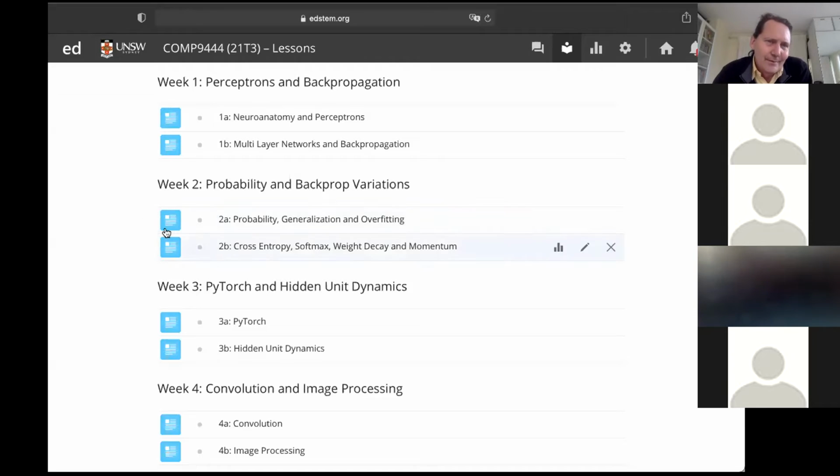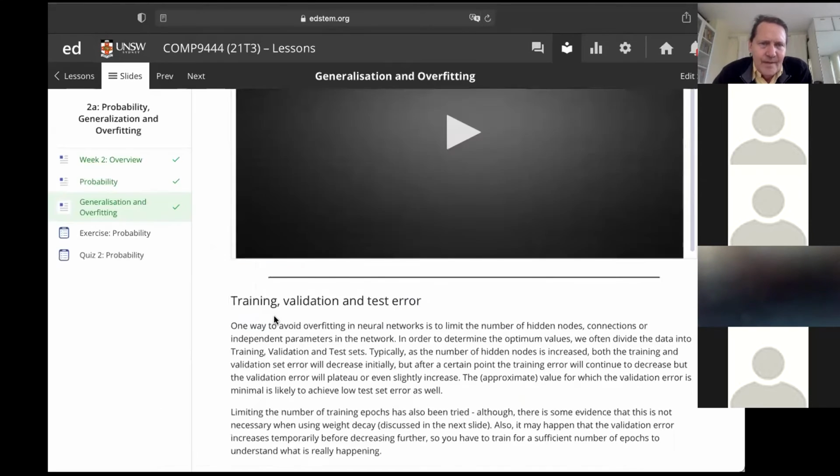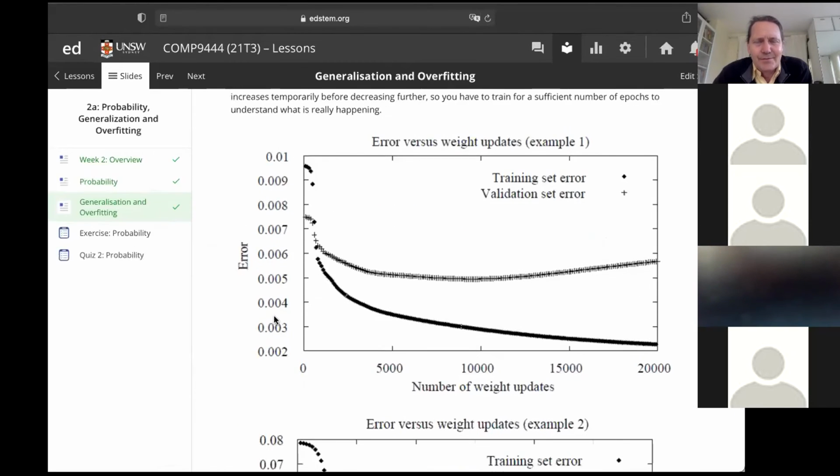So again, this is a general purpose picture. With the dropout rate, you could try different dropout rates and measure the validation set error and try to get an idea what's best. And different layers.